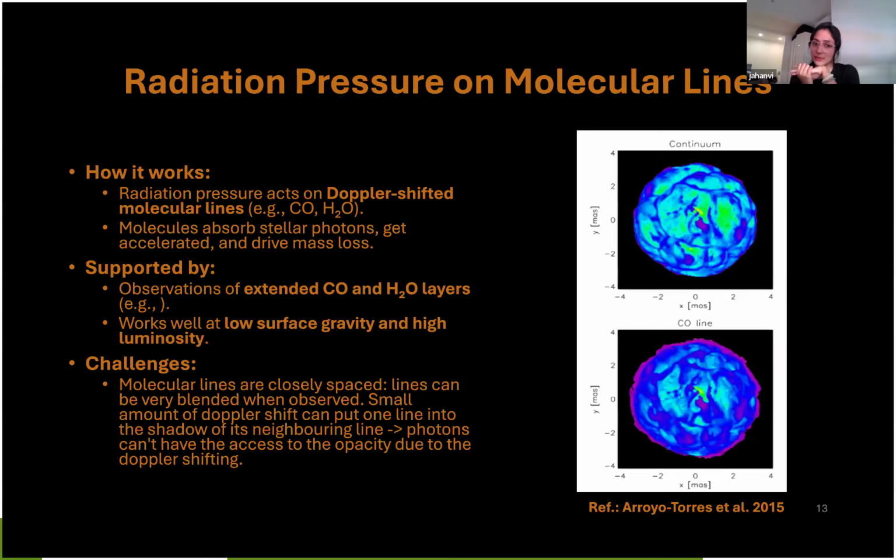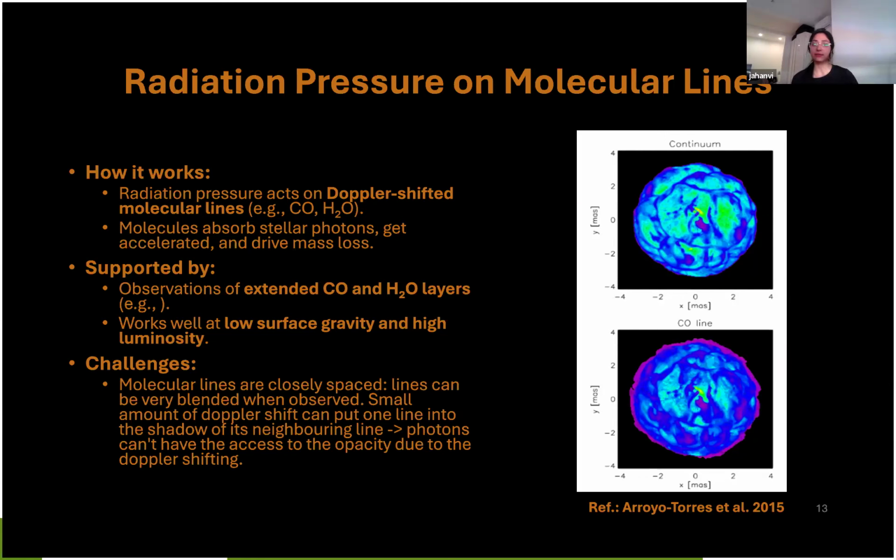Another proposed mechanism, if not radiation pressure on dust, is radiation pressure on molecular lines, which is basically the same concept, but here the radiation pressure is on molecular lines. So this radiation pressure Doppler shifts the molecular lines, and these molecules can absorb the stellar photons and get accelerated and drive the mass loss, basically. So this is the whole concept.